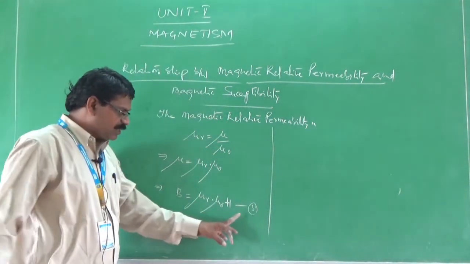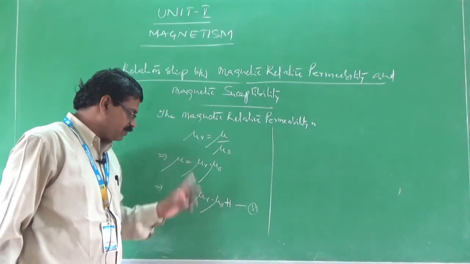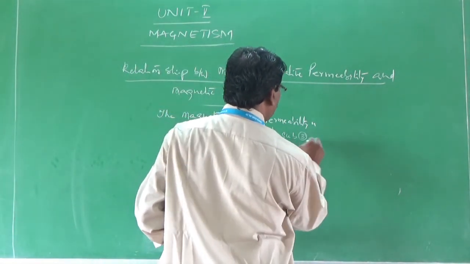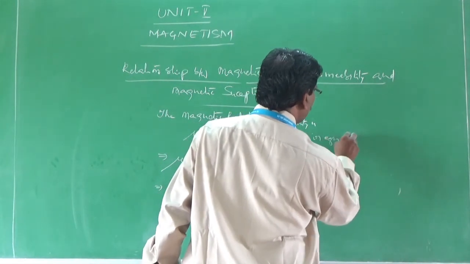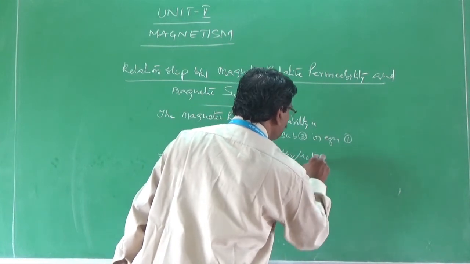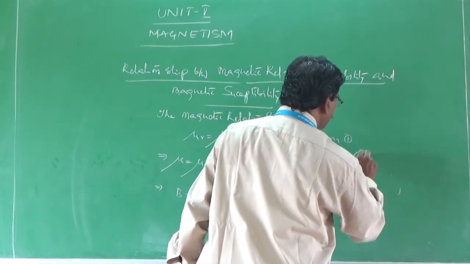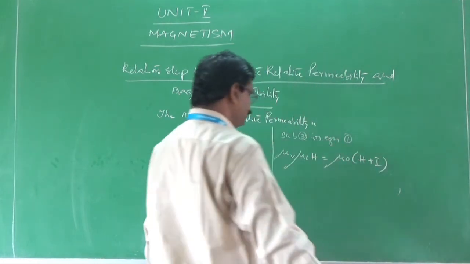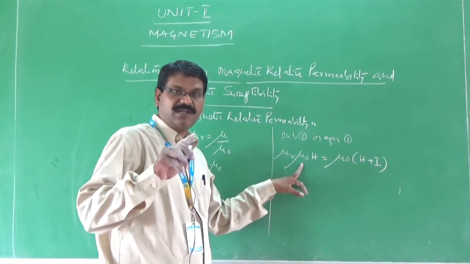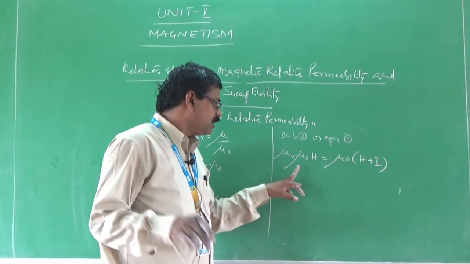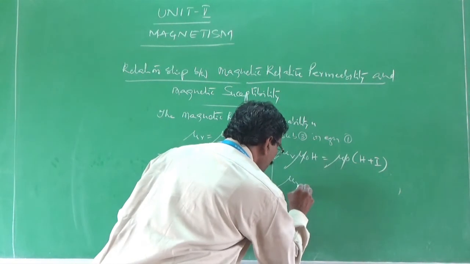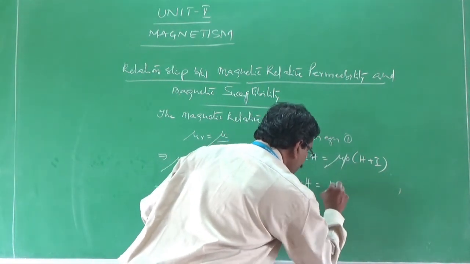Now substitute equation 3 in equation 1, we will get mu r into mu naught into H is equal to mu naught into H plus I. Now on both sides we can cancel mu naught. It's a common term, which is the magnetic permeability in free space, which is constant. The remaining term is mu r into H is equal to H plus I.